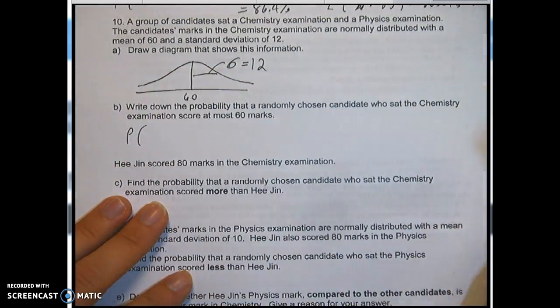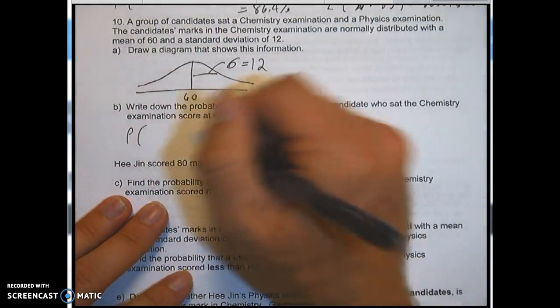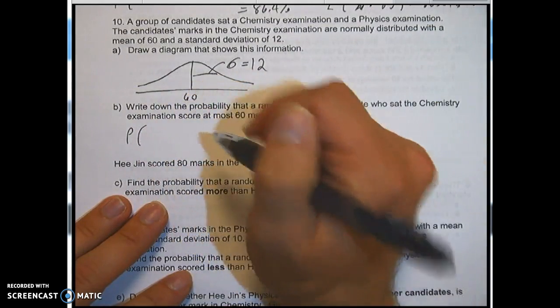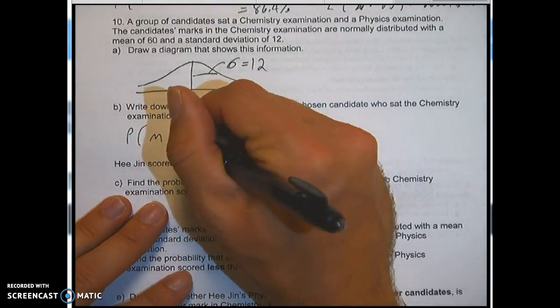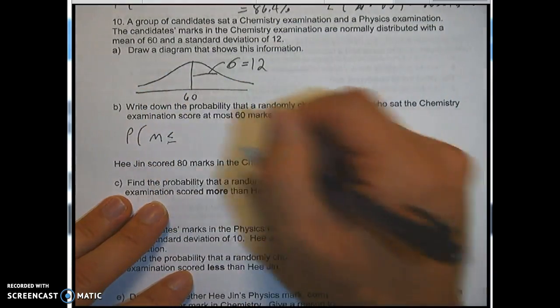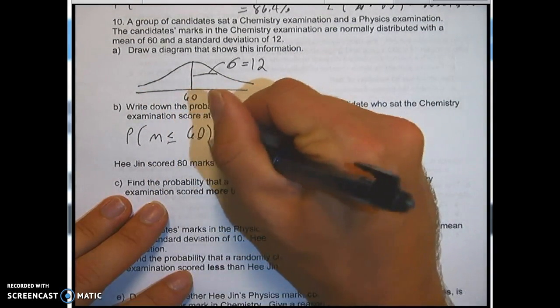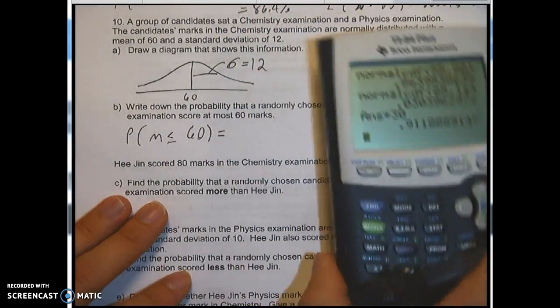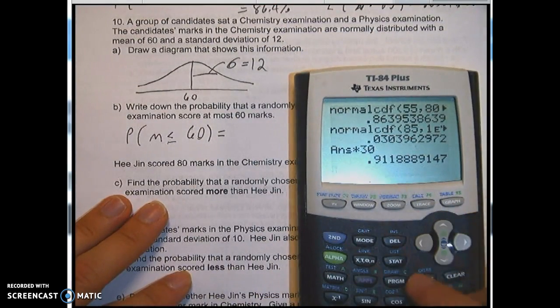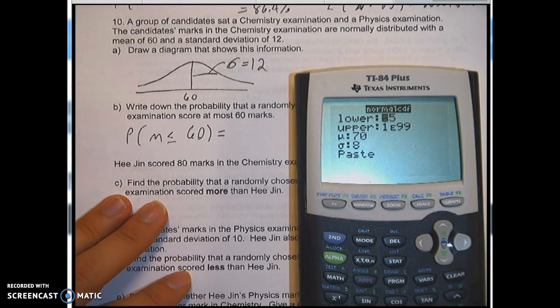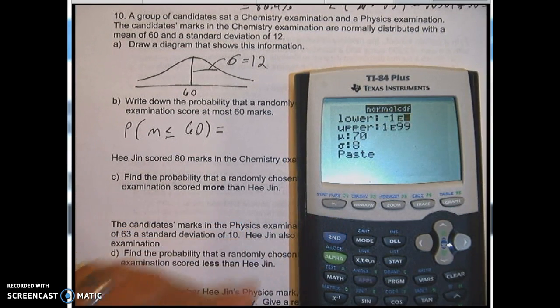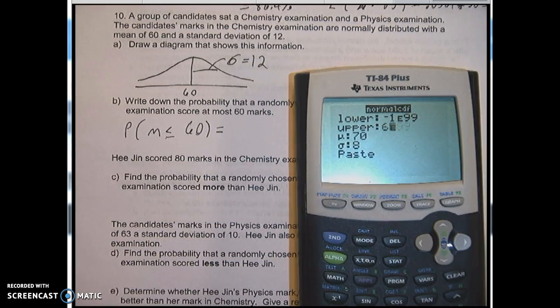Write down the probability that a randomly chosen candidate who sat the examination scores at most 60. So let's say the probability that the candidate scored, let's use M for marks, at most 60, so that'd be less than or equal to 60. Calculator's going to tell me that. Second distribution, normal CDF, so -1e to the 99, 60, mean of 60, and standard deviation of 12.